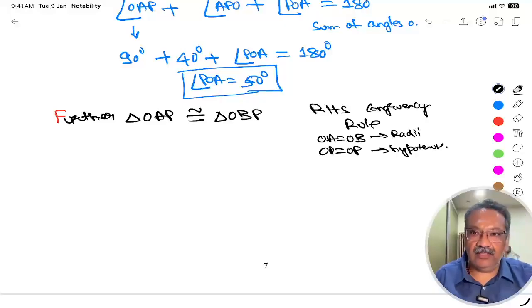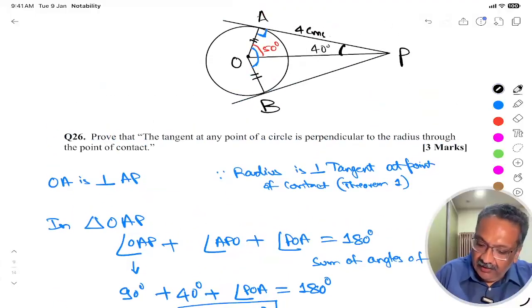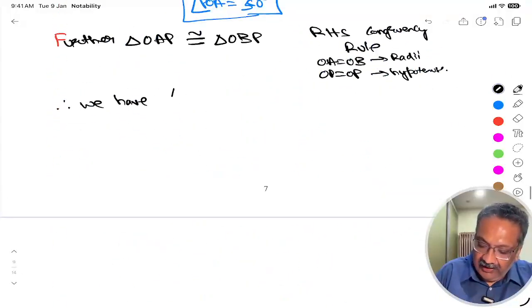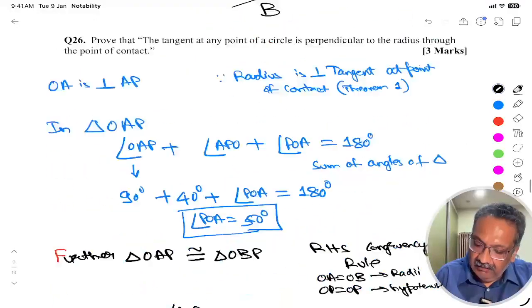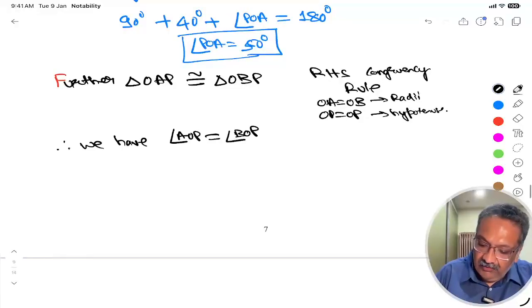Since both these triangles are congruent, therefore we have angle AOP is equal to angle BOP. We have angle AOP is nothing but angle POA.